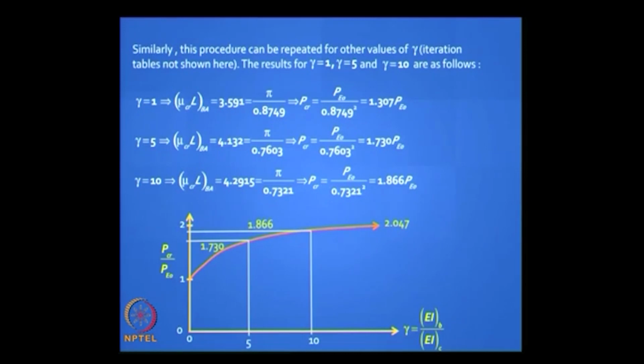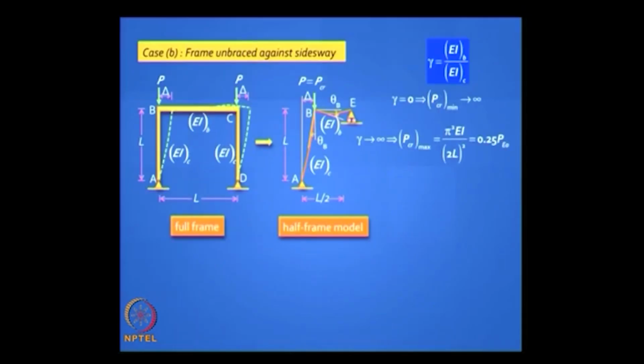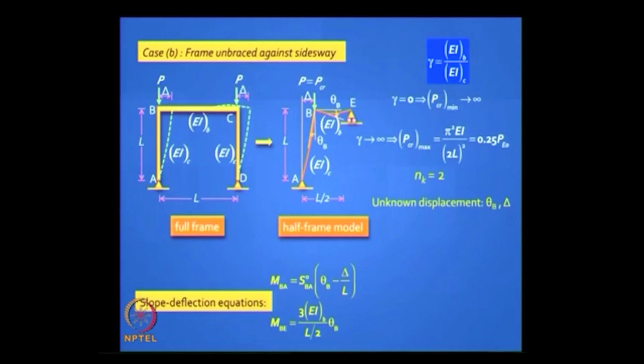Slope deflection method. It is going to be a little more difficult if you look at the case of with sway. Why is it going to be more difficult? 2 degrees of freedom, but you can correctly guess the bounds, lower bound and upper bound. So with 2 degrees of freedom, you have to write the equations carefully, including sway.